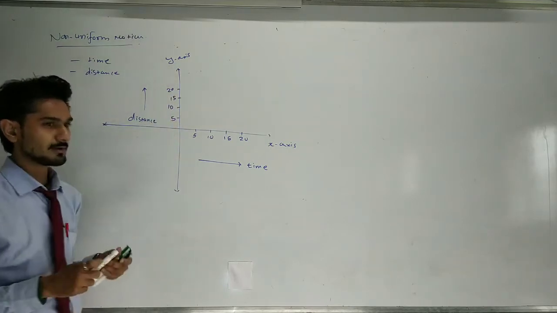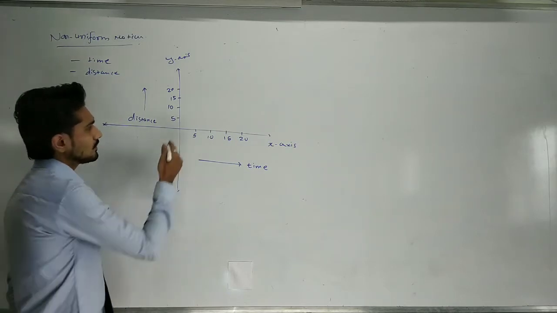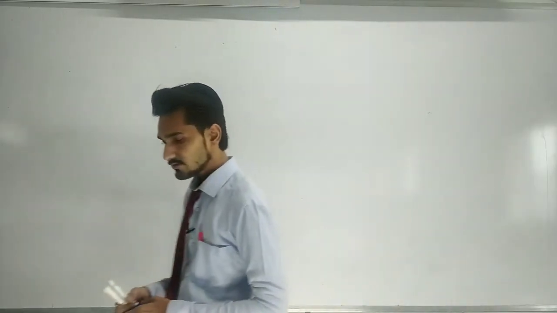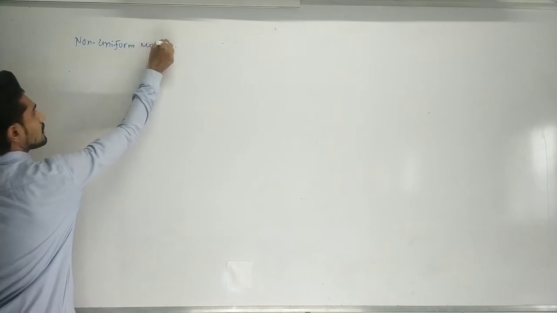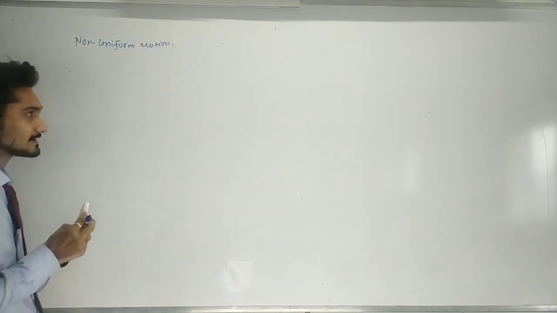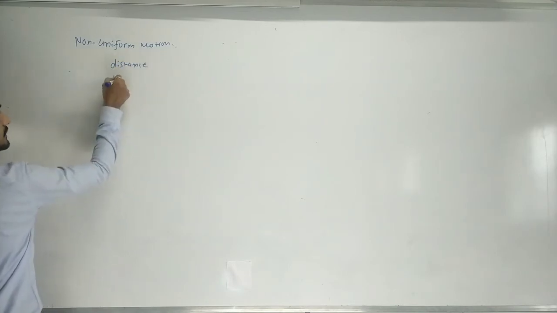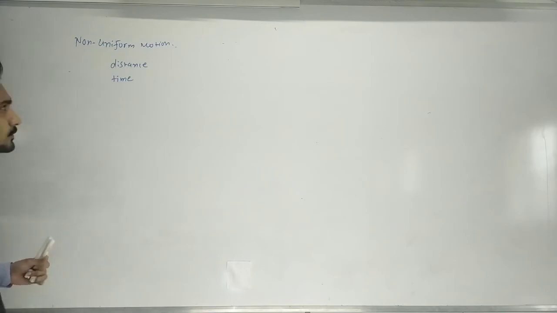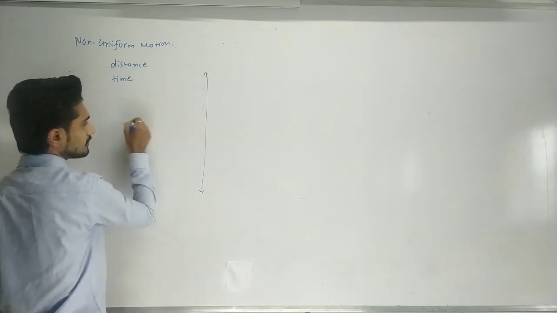Now what happens if I travel 3 kilometers in... We are going to see the non-uniform motion's graph now. So first of all, we need to take distance and displacement like we have taken in uniform motion. For that, I need to put these two quantities on a graph.